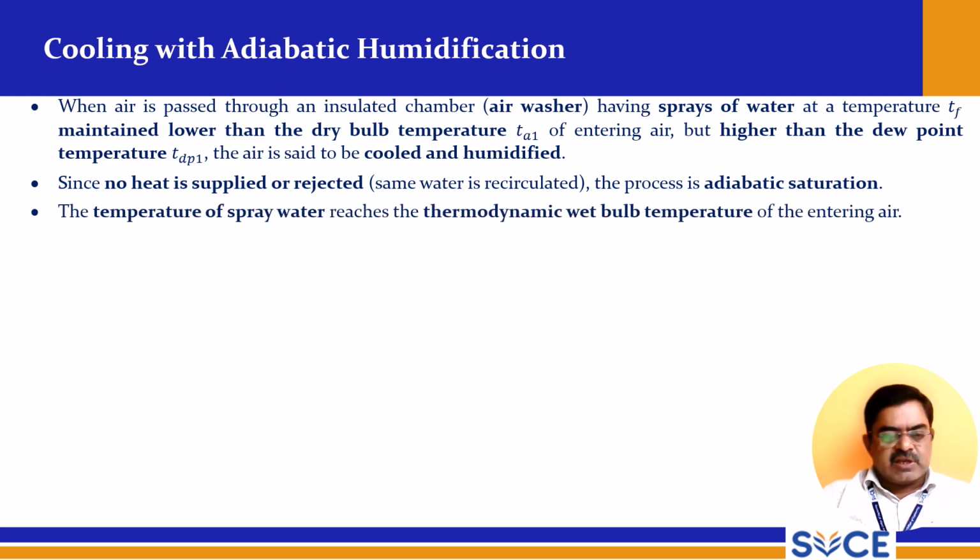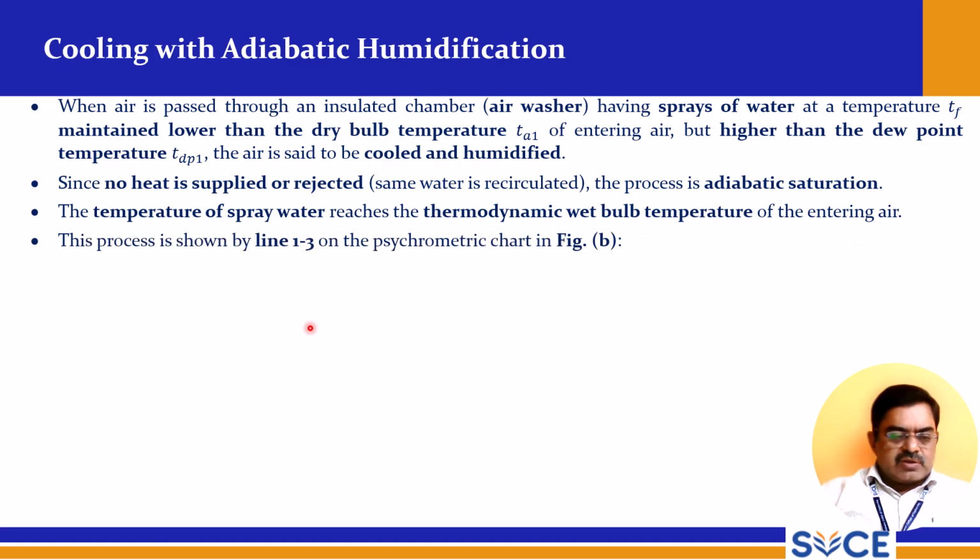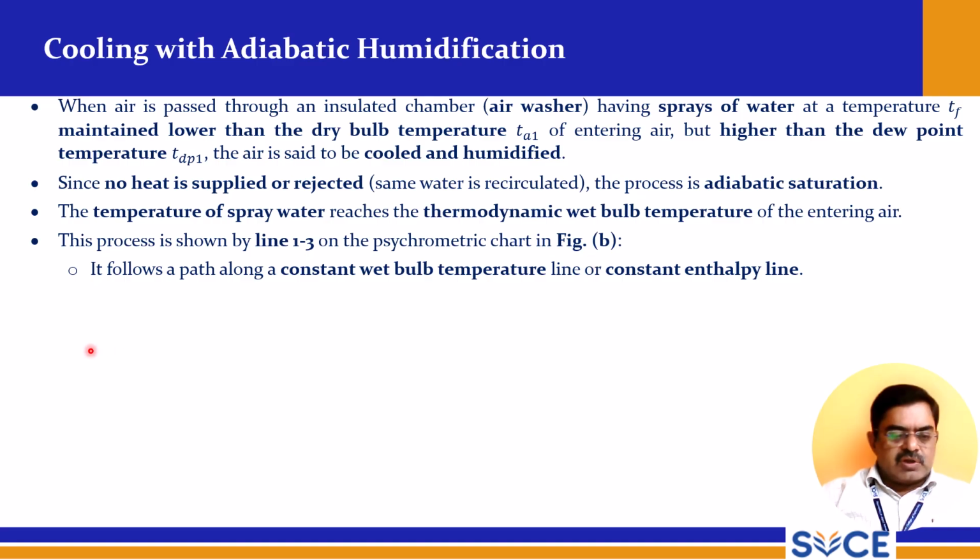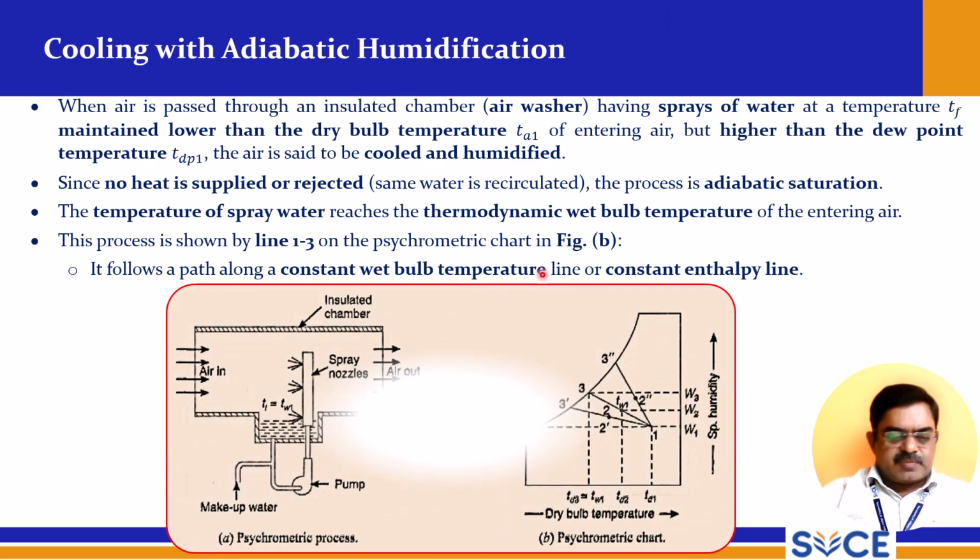So the temperature of the spray water reaches the thermodynamic wet bulb temperature of the entering air. This process is shown by line 1 to 3 on the psychrometric chart in the figure. It follows a path along a constant wet bulb temperature line or constant enthalpy line. This is the diagram of the psychrometric process: air is in, this is the spray nozzle humidification process in an insulated chamber, and air is out.